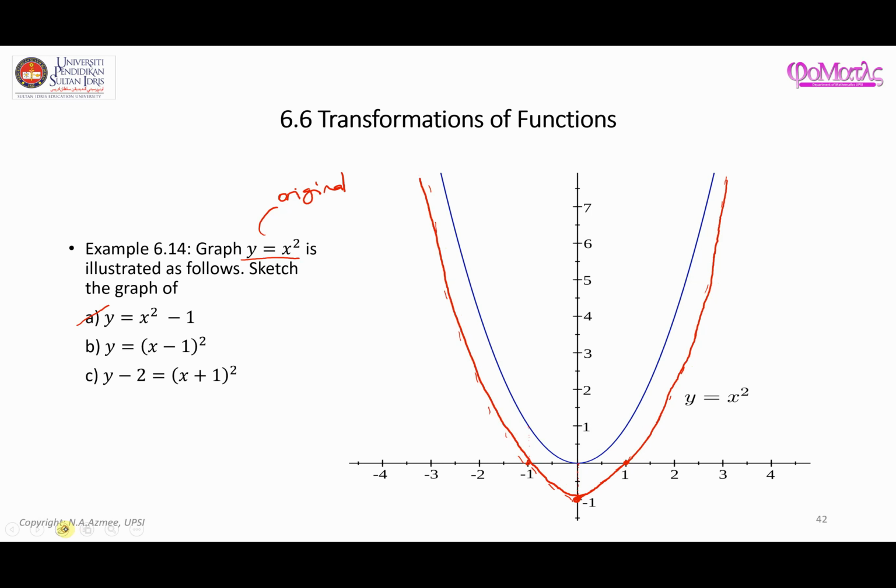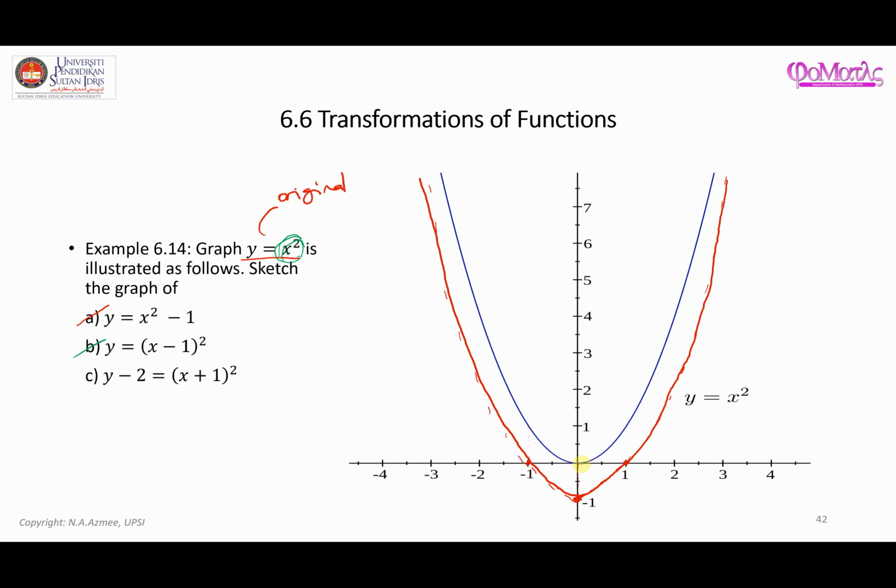Now next, let's move on to question B. I hope you can see that the difference between question A and question B is that -1 here is now inside the original function. This is the original function x squared, but now we have x minus 1, squared. According to the rule given in the previous page, we are going to move this blue curve 1 unit to the right.